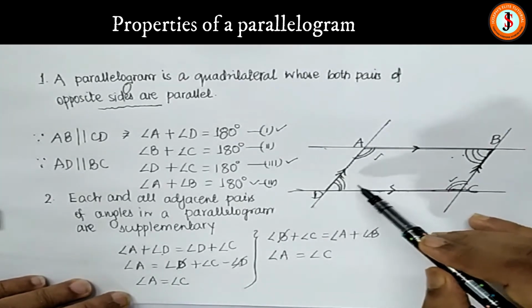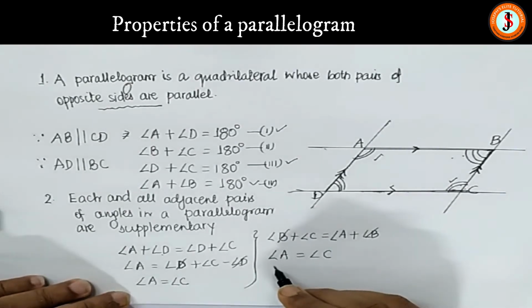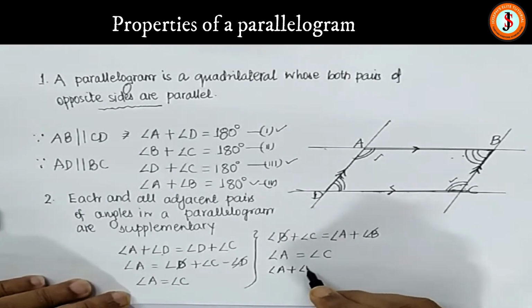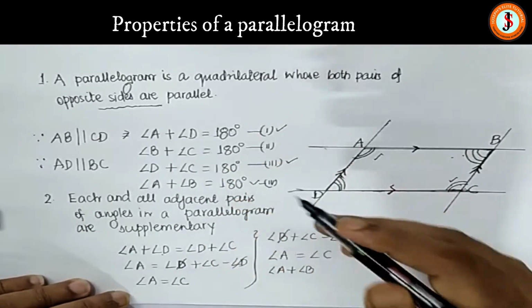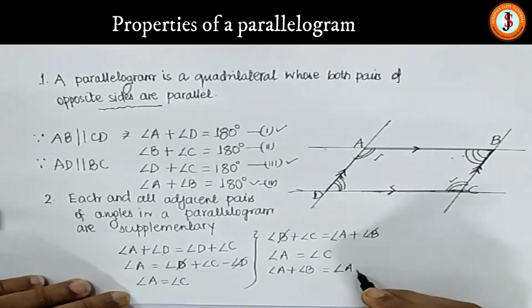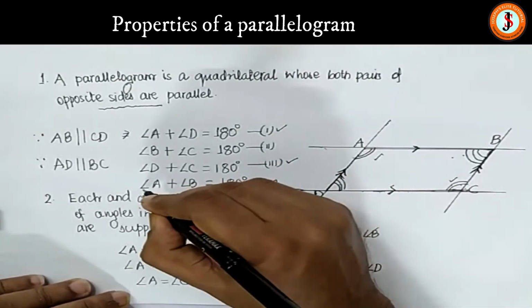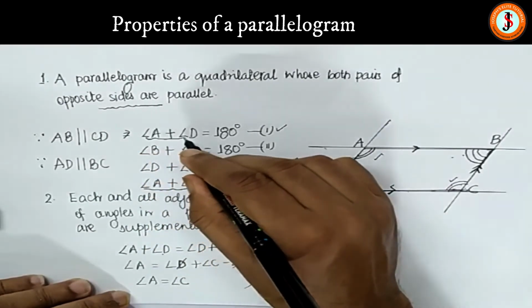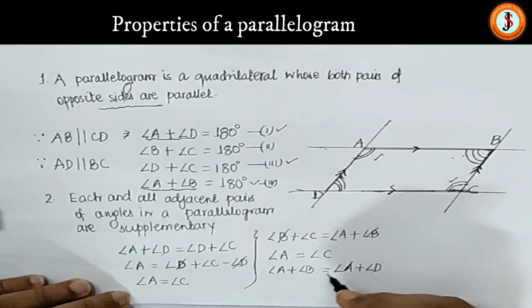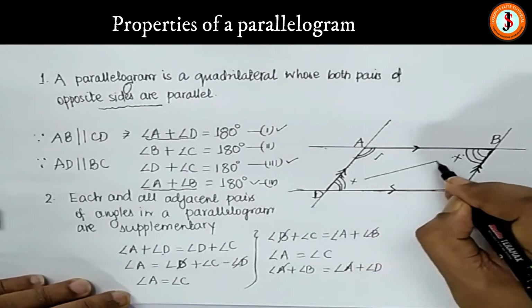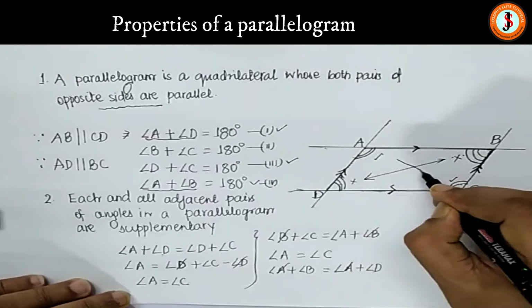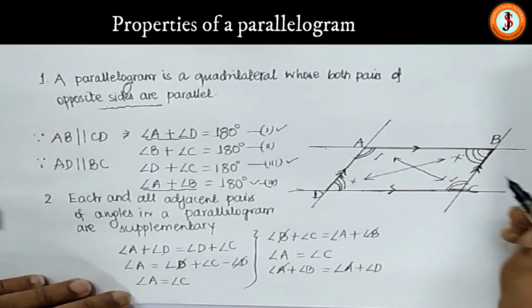Now I have to get B is equal to D. So I will write down once again, A plus B is equal to A plus D. Have a look. A plus B is equal to A plus D. So A cancels on both sides, so B is equal to angle D. So that means in a parallelogram, diagonally opposite angles are equal.